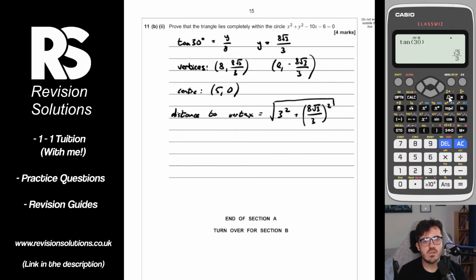And then let's just plug that in the calculator. So the square root of 3 squared plus brackets 8 root 3 over 3 all squared. That's the square root of 273 over 3.